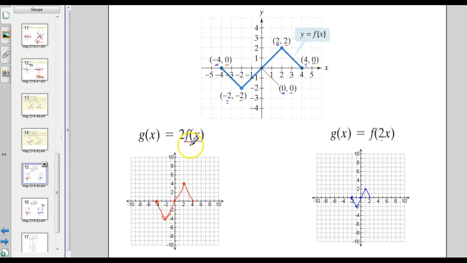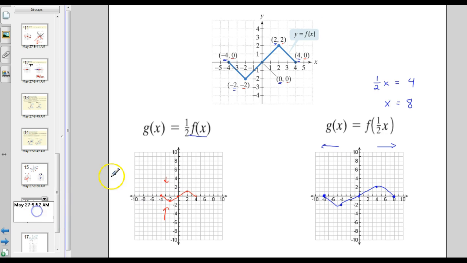If it's bigger than 1 before the function name, that's going to go in towards the y-axis. Alright, if it is bigger than 1 and it happens after the function, that's going to go away from the x-axis. And if it's less than 1 and it happens after the function, that's going to go in towards the x-axis.